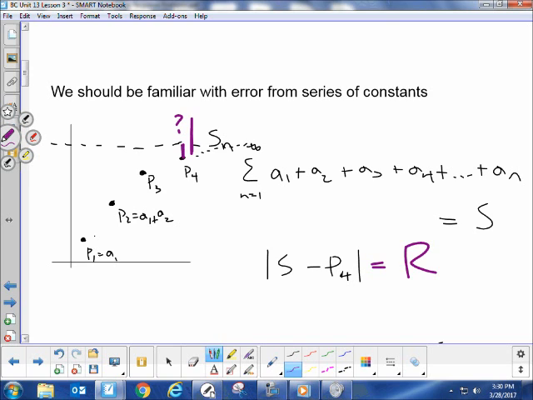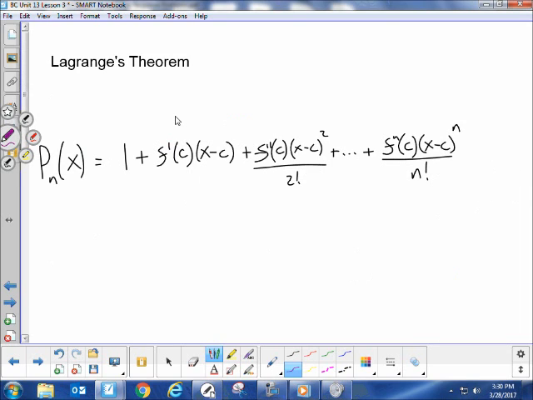It's going to come from our friend Lagrange. Lagrange had a theorem. And it can be proven, and I'm not going to prove it for you. It's a long proof.